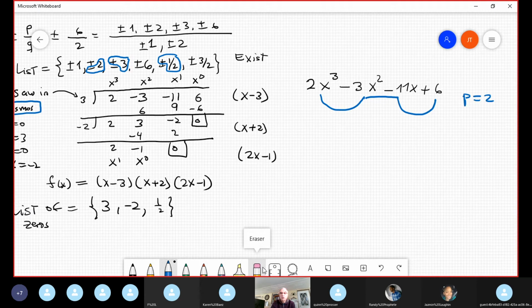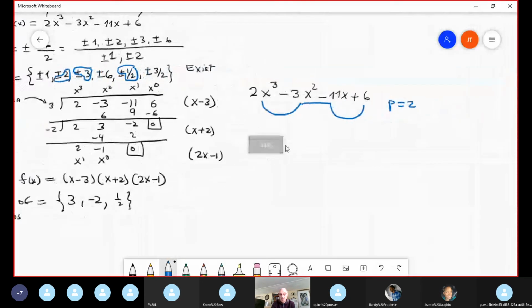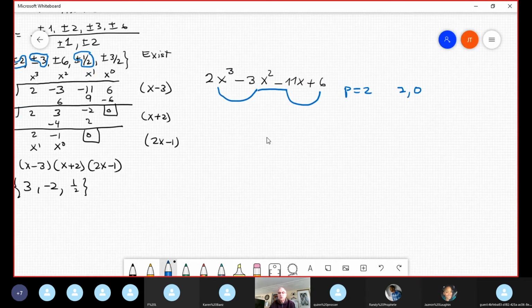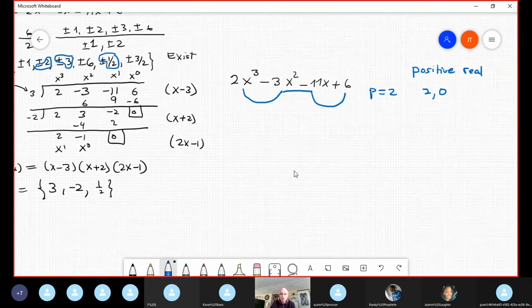And what does it mean to be P equal 2? It means that we have 2 or 2 minus 2, which is 0, positive real zeros. No, actually we have 2. We see in Desmos, look, the 2 positive real zeros are this guy and this guy: 3 and 1 half.